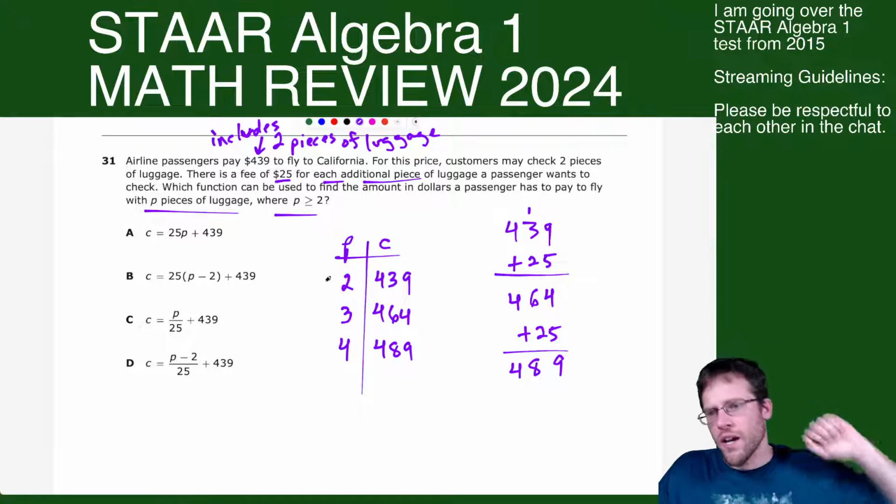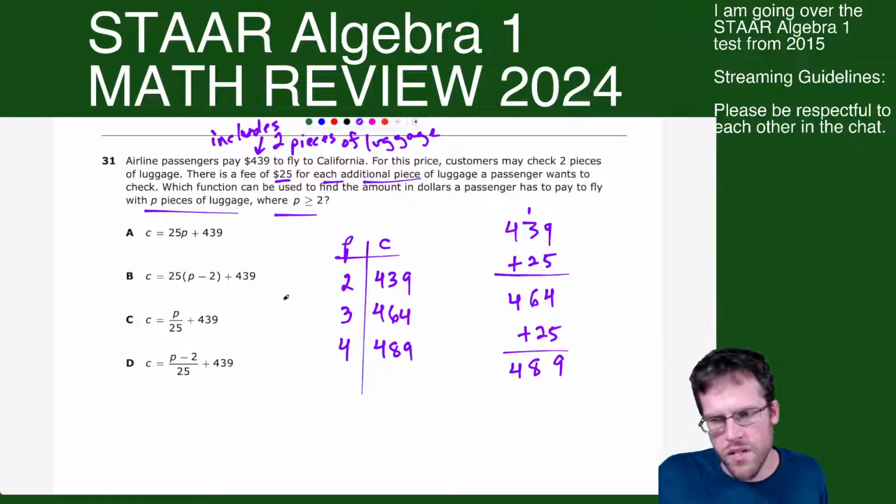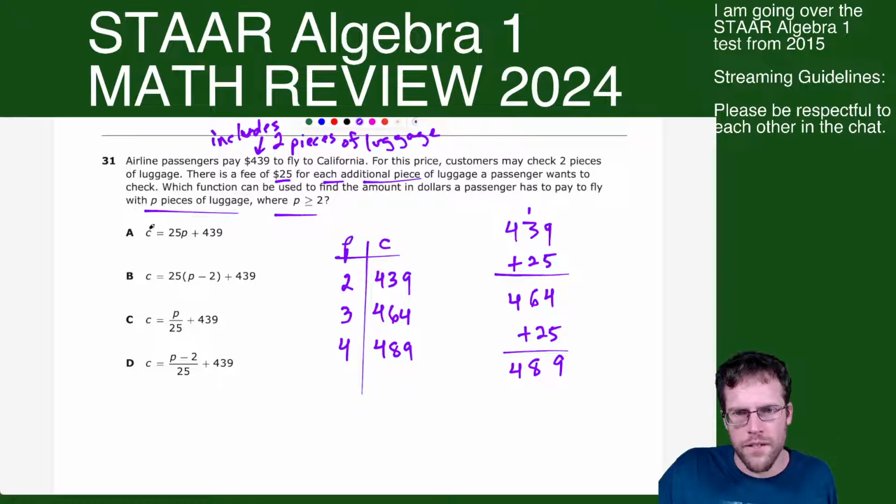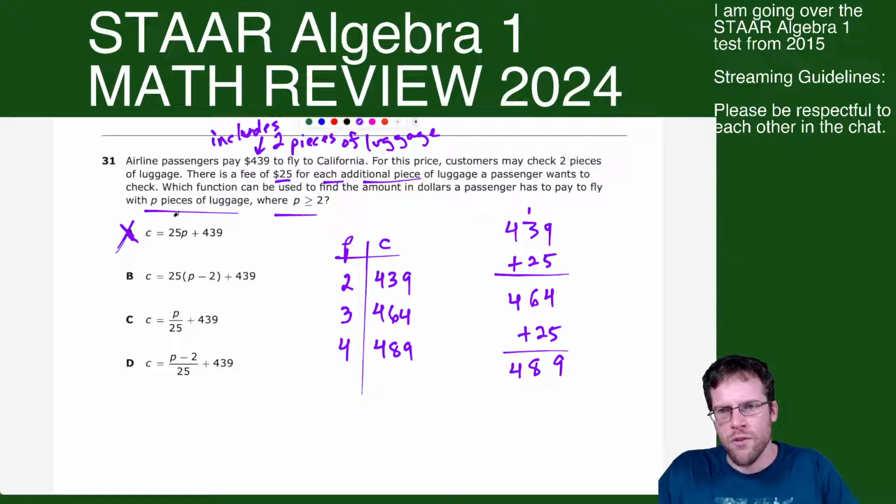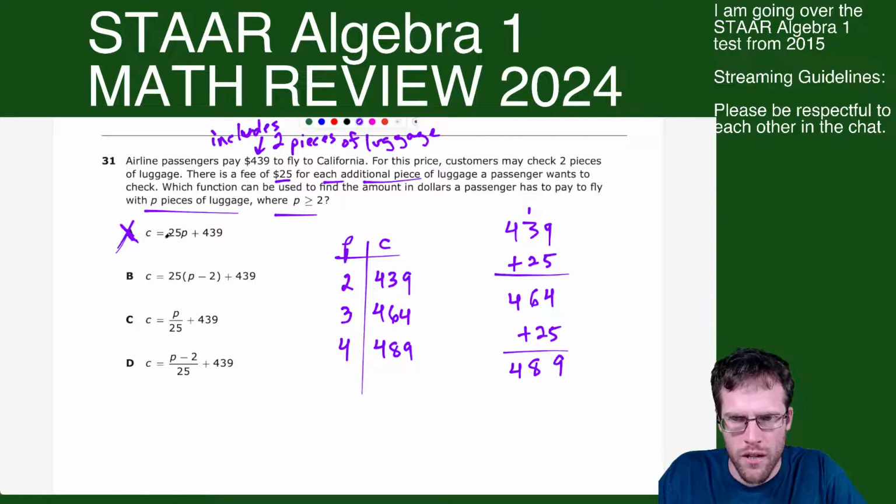Now, if you're not careful for a question like this, you're going to get something different. This one here is a very dangerous answer choice. People might just say, oh, $25 for each piece of luggage plus $439. But this is the sneaky detail that $439 includes 2 pieces of luggage. So the right answer here is actually going to be this one.